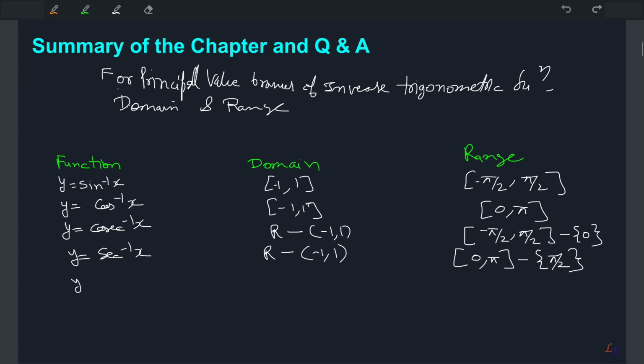And then you have y is equal to tan inverse x. It can have a domain of all real numbers, and the range can be minus pi by 2 to pi by 2. Similarly, for cot inverse x, the domain is any real number and the range is 0 to pi.